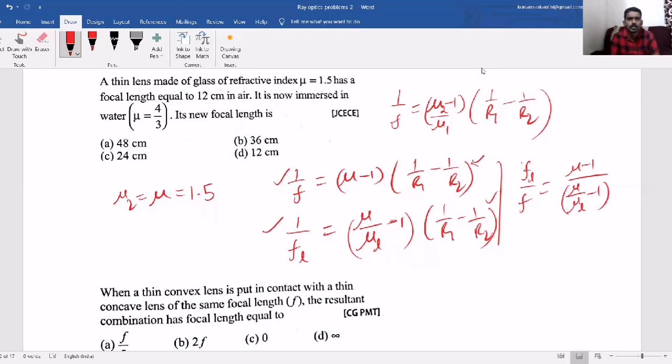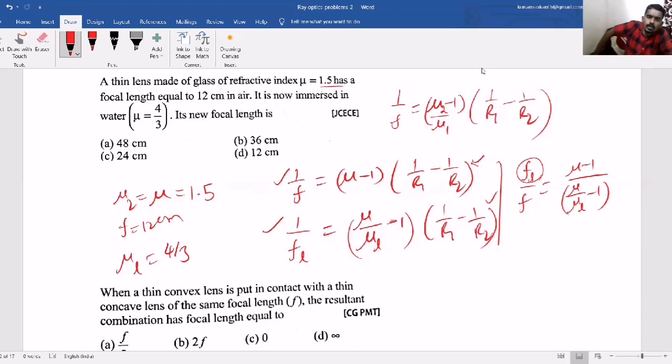Now here what they are asking is the new focal length FL. The F value is given, 12 centimeter. The mu value is given, 1.5. And mu liquid, nothing but water, how much have they given? 4 by 3. So, as I said, the focal length of a mirror is the same everywhere.